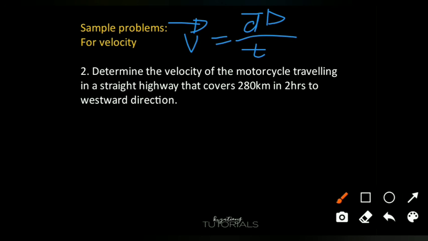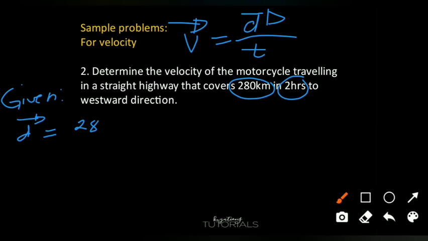So una is we have to determine the given data. So the data are, we have kining 280 kilometers, then we have 2 hours. Di ba? So 280 kilometers pasabot, that is distance with an arrow, 280 kilometers. No. So itong direction is west. Remember, west. Then we have time, which is 2 hours.